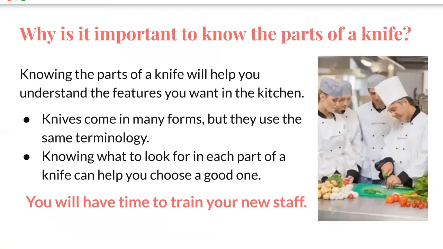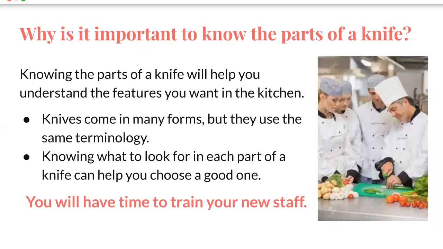Then, why do we need to know the composition of the kitchen knife? Knowing the parts of a knife will help you understand the features you want in the kitchen. Knives come in many forms, but they use the same terminology. Also, knowing what to look for in each part of a knife can help you choose a good knife.